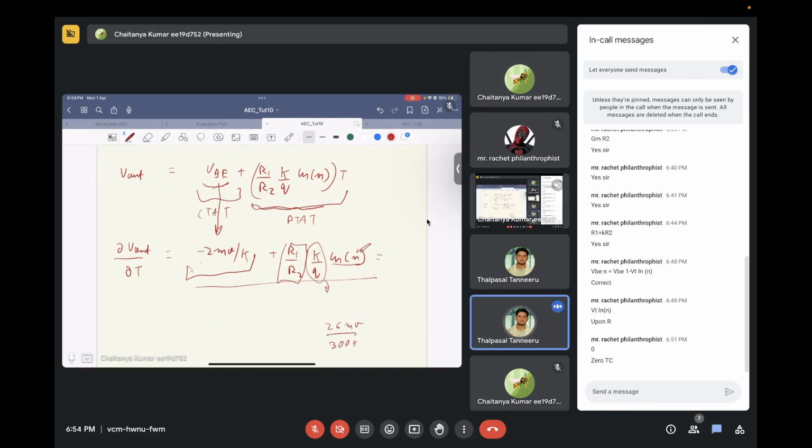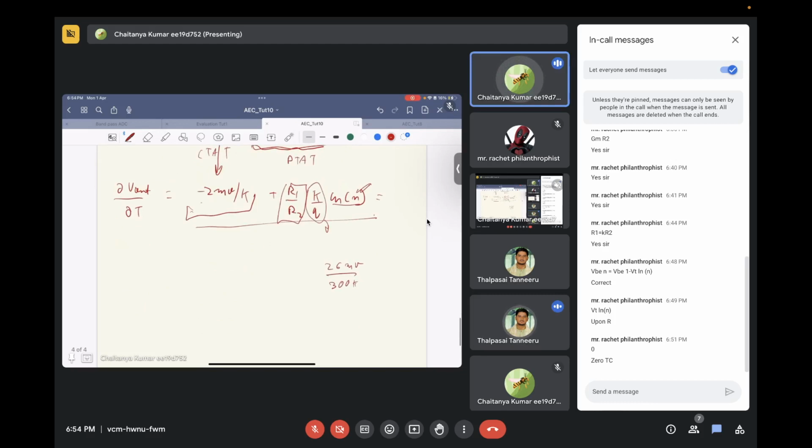Which is actually not true. If this is VBE and this is temperature, we assume it will behave like this, and its slope will be minus 2 millivolt per Kelvin.